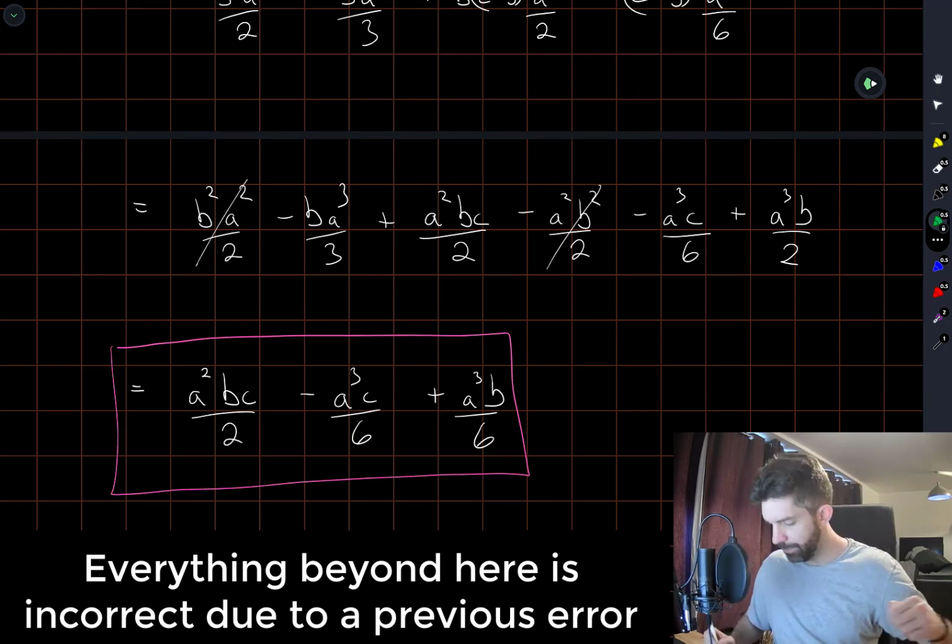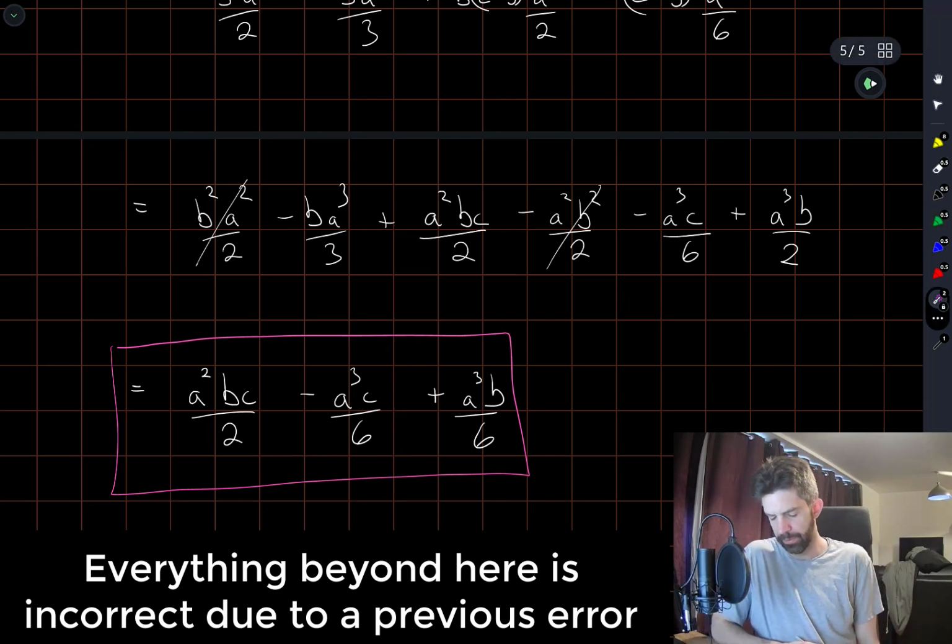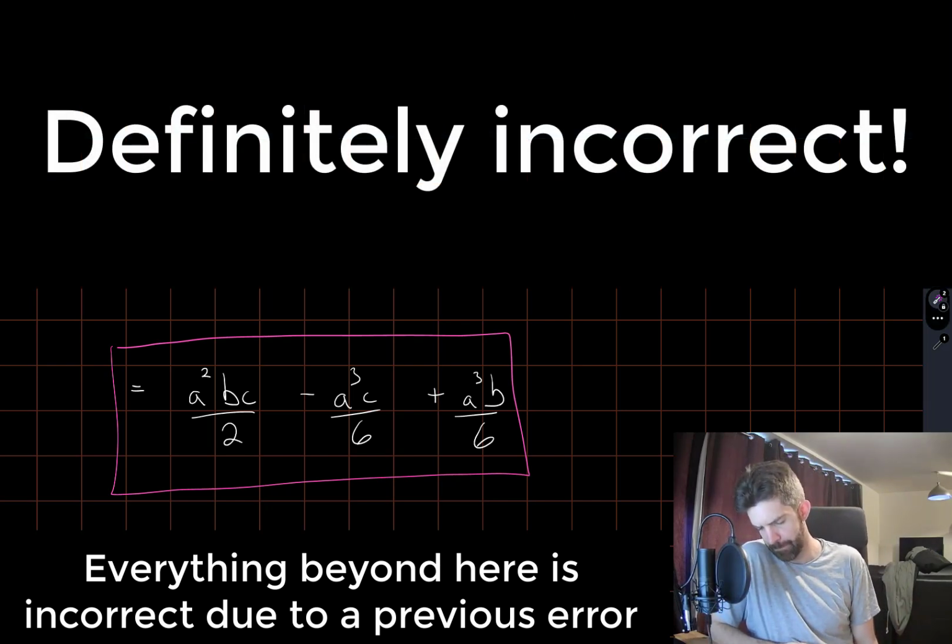So I think this is correct. I admit I'm definitely not seeing a pattern in what's going on. The third part of the question submitted by the viewer is to derive a general formula for this kind of thing for n variables, and I'm not seeing a pattern.